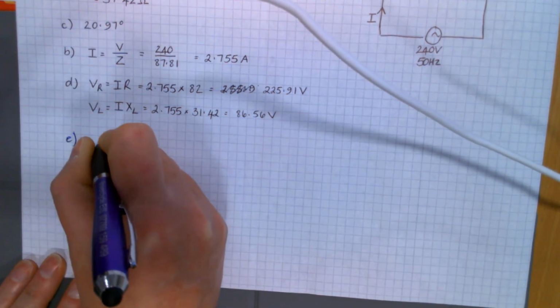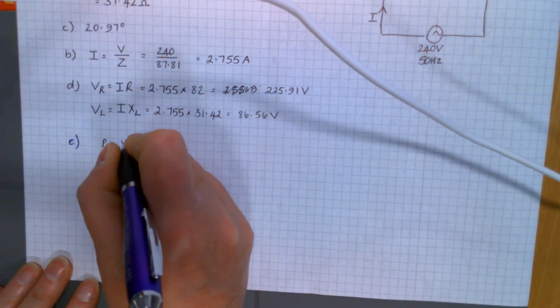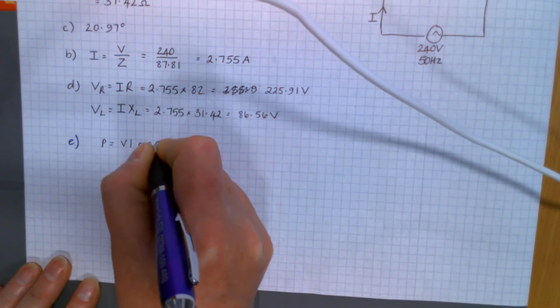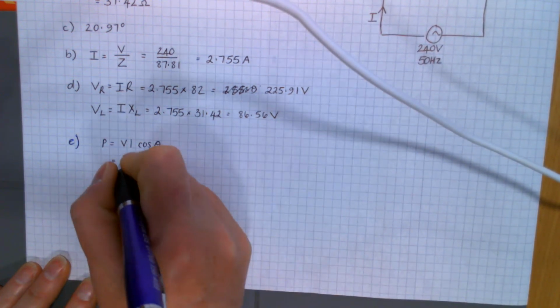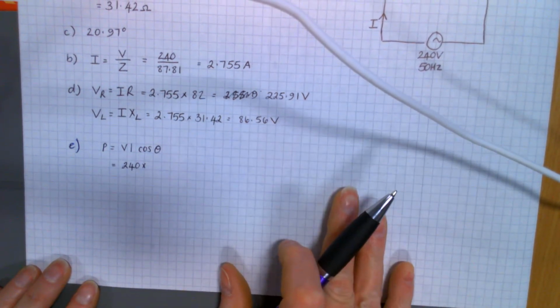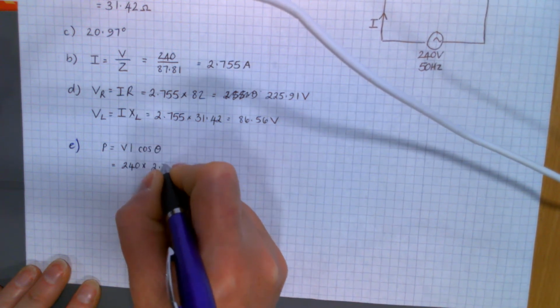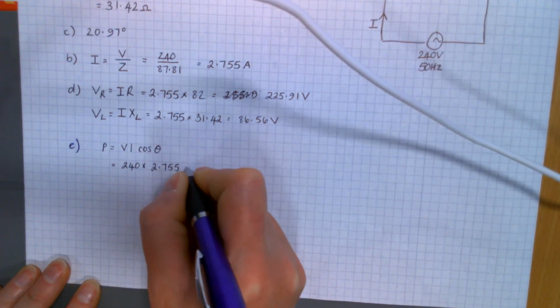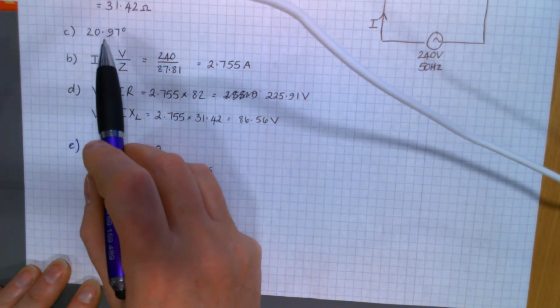So your true power is P. Formula for that? VI cos of the angle. Your voltage is your 240 there from your diagram. Your I is that 2.755, times cos of your circuit phase angle, which is that 20.97.